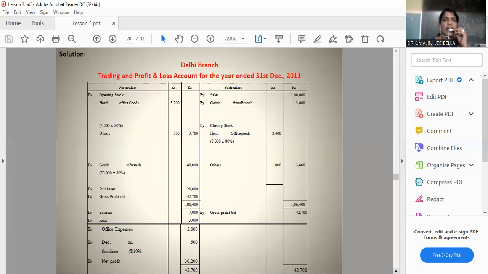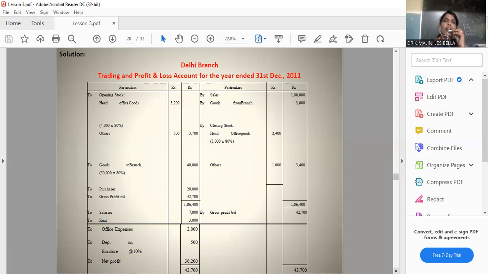That is 80% of the 4,000, right? So when you calculate 80% of the 4,000, you will get 3,200. You have to write it there, 3,200 in the amount column.